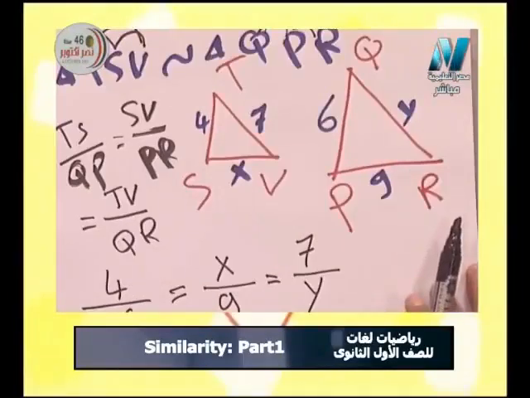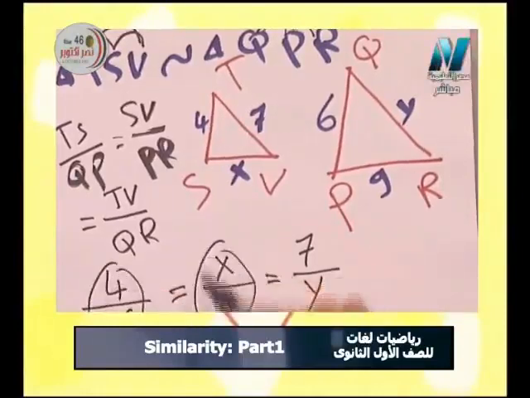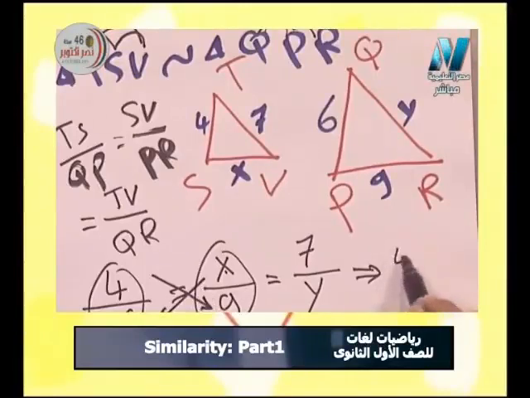We have studied that if we have two equal ratios, then they are proportional. That means that X can be given by 4 multiplied by 9 divided by 6, 4 times 9 over 6.